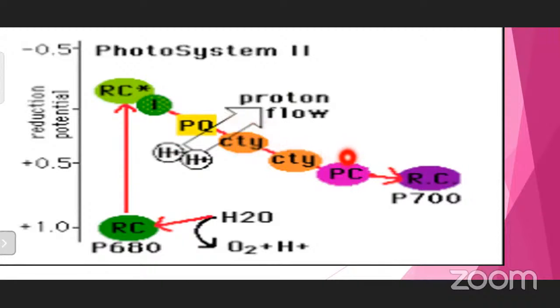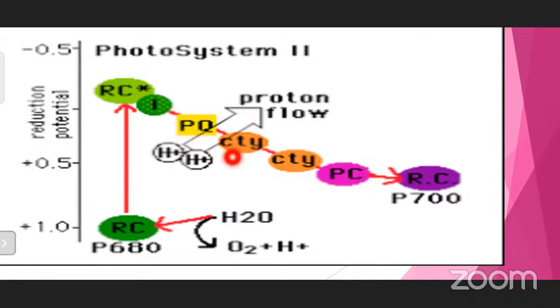The electron which got excited in the reaction center of P680 will jump and will be taken by the primary electron acceptor, PEA, and it will be passed to the plastoquinone, cytochrome, plastocyanin. So these are called electron transport molecules.